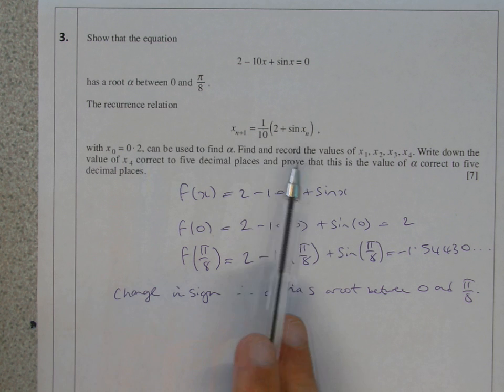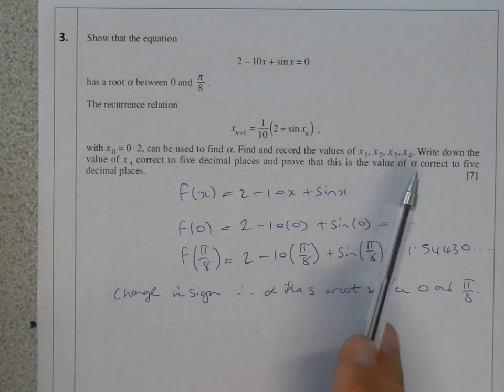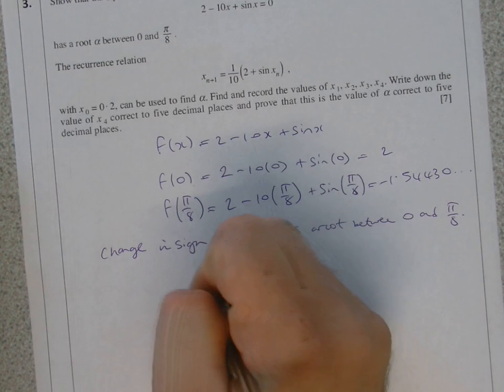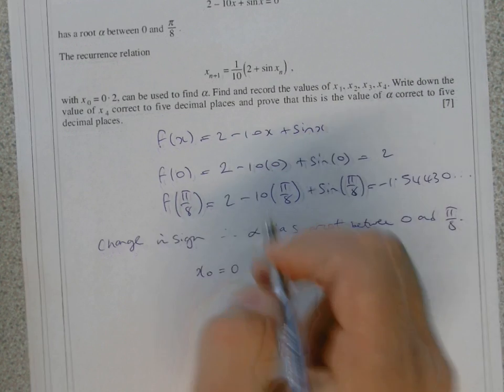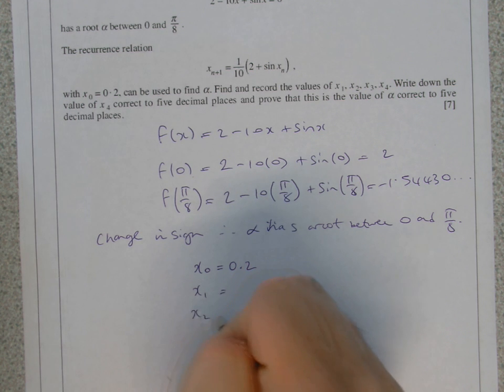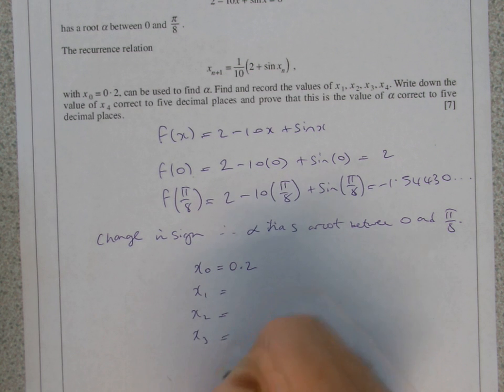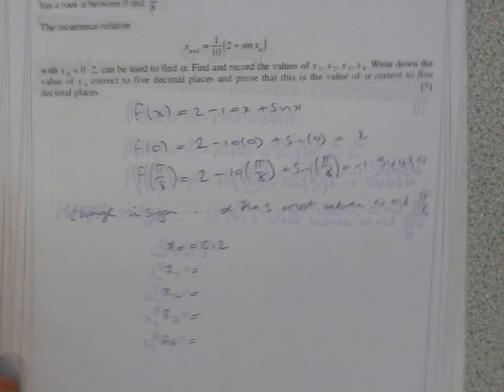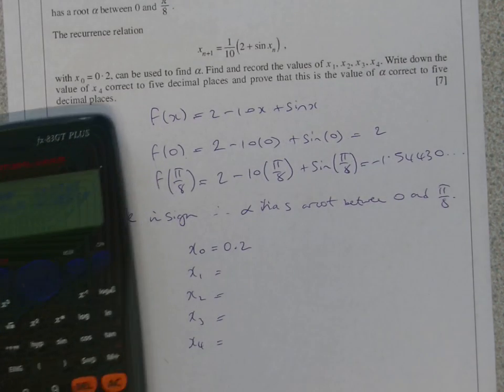Then we go into the recurrence relation, which is set up for us. x0 is 0.2, find and record values for x1, x2, x3, x4. So we want x1, x2, x3, and x4. What's good here is that we basically have the formula given.